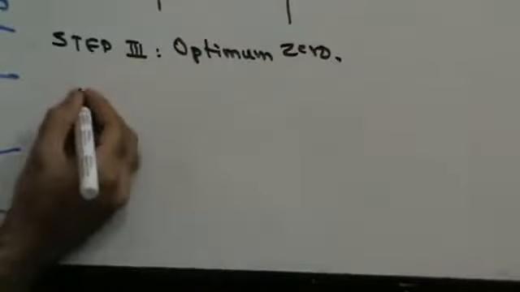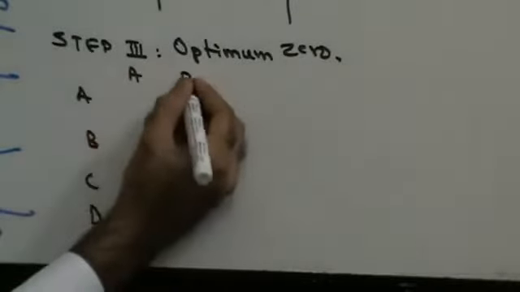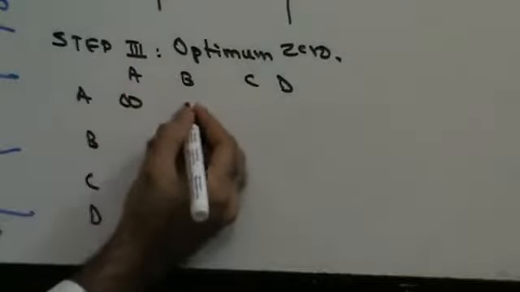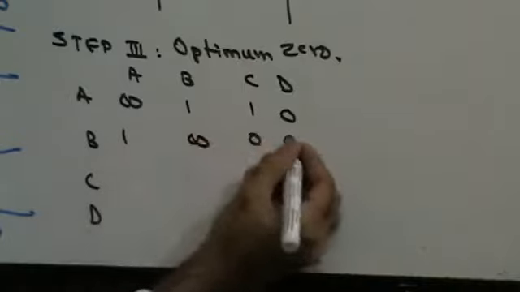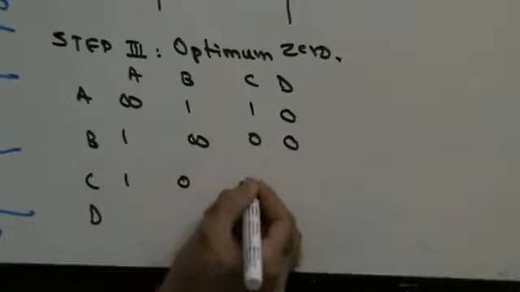Optimum 0. A, B, C, D. Right? Let's write this down. Infinity, 1, 1, 0; 1, infinity, 0, 0; 1, 0, infinity, 1; 0, 0, 1, infinity.